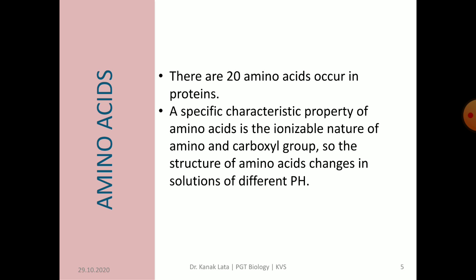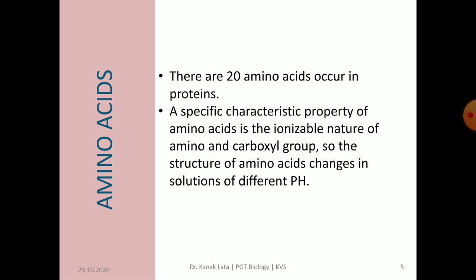There is a specific characteristic property of amino acids. Amino acids are ionizable. Why is it ionizable? Because the structure of amino acids changes in solutions of different pH.